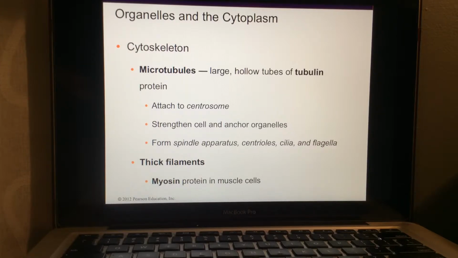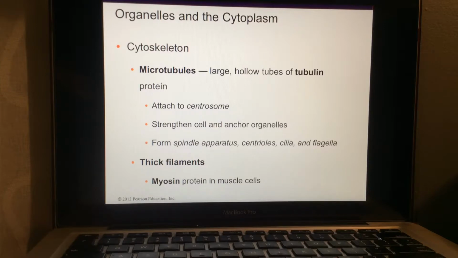They can change the cell shape. They really are important in mitotic division. They form the centrioles, the spindle apparatus, cilia, and flagella. So very, very strong, very movement related.